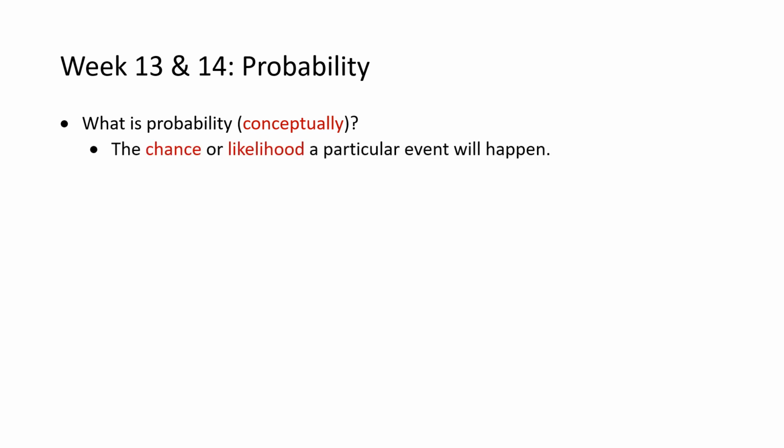After ethics, the last set of topics surround the concept of probability. We think of probability a couple of different ways. One is conceptually. We say that probability is the chance or likelihood that something will happen. One of the simple examples that I used in class was rolling a dice.